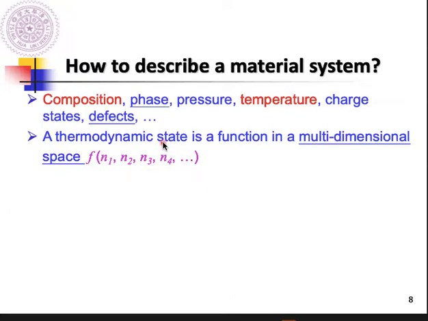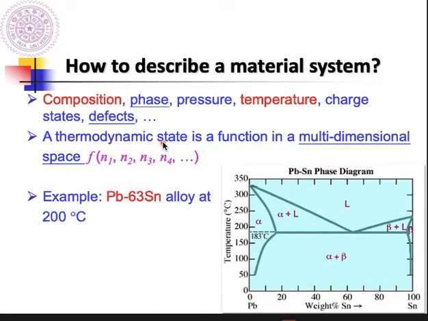Let's take an example. To describe a material system, the first thing that comes to mind is probably the phase diagram. So I show you this binary phase diagram of lead and tin.